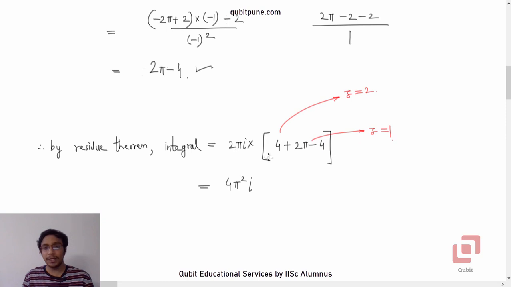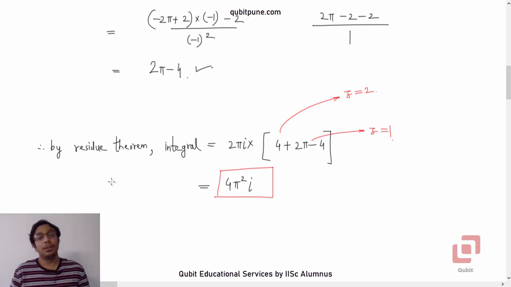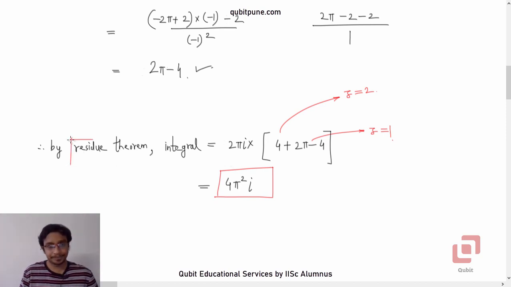So just add them, you will get 2 pi i into 2 pi, so it is 4 pi squared i. Okay, so this is how we solve problems on contour integrals using the residue theorem.